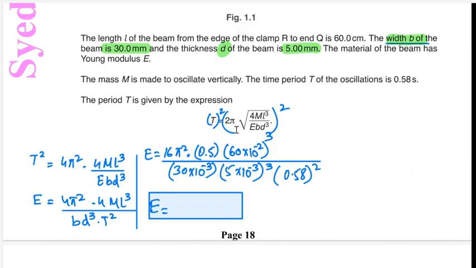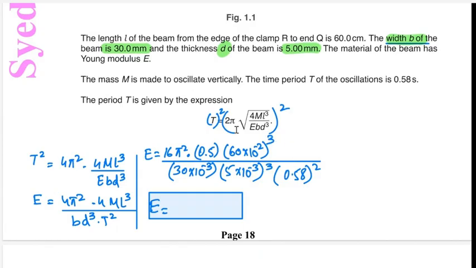What is the answer? Just give me one more minute. You need not do it separately. Just plug the whole expression into the calculator and do it then and there.